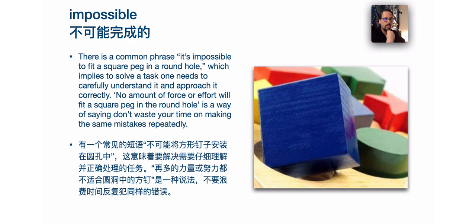It is impossible to fit a square peg in a round hole. Were you to keep trying, you would either completely fail or you would cause damage to the peg or the hole. So the meaning of this phrase implies that to solve a task, one needs to carefully understand it and approach it correctly. No amount of force or effort will fit a square peg in a round hole. It is a way of saying, don't waste your time on making the same mistakes repeatedly.